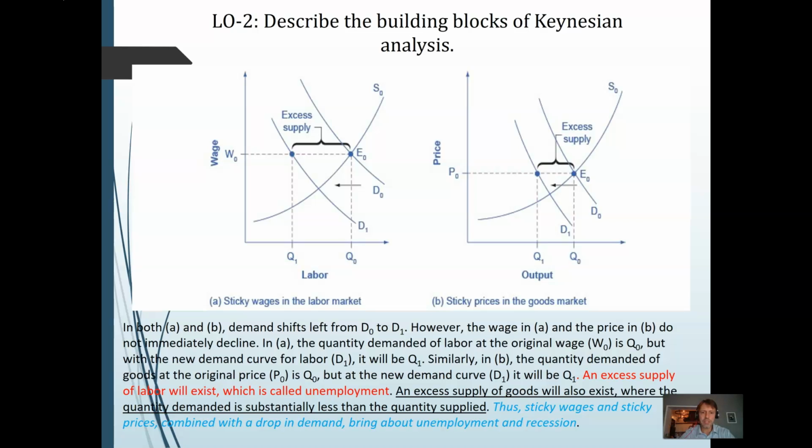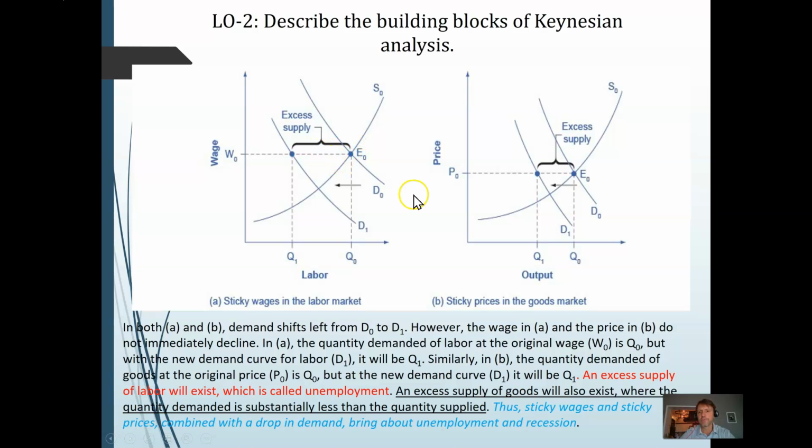So the sticky prices of wages don't allow wages to fall. And so what we end up with is an excess supply of labor, which is workers. So this excess supply is a complicated way of saying unemployment.